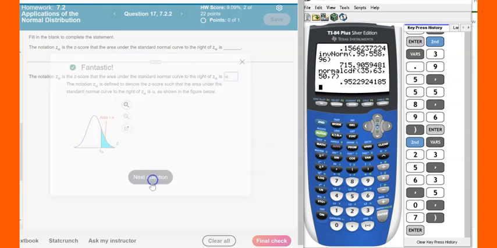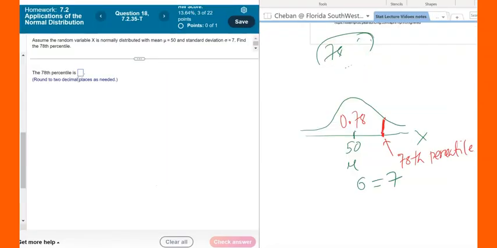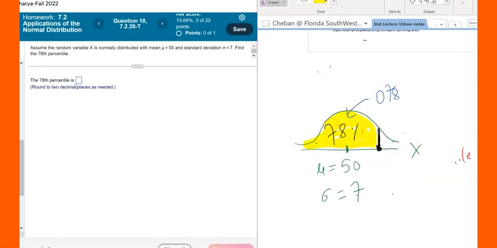Okay, next question. Question number 18, and I draw the graph to illustrate the situation here. And find the 78th percentile. What is the 78th percentile in this situation? Here's the graph for that.